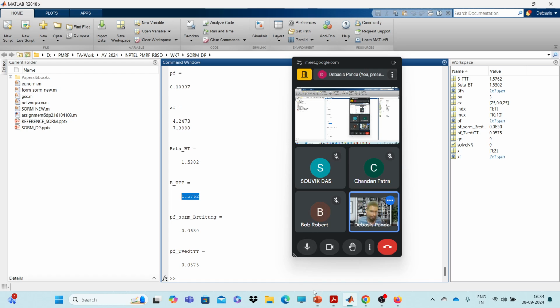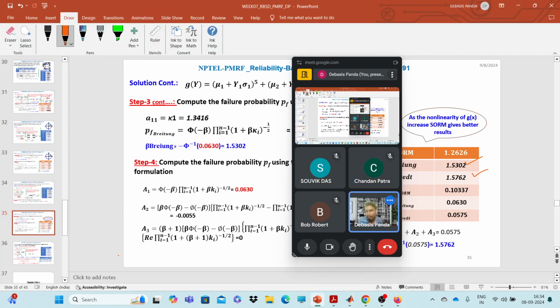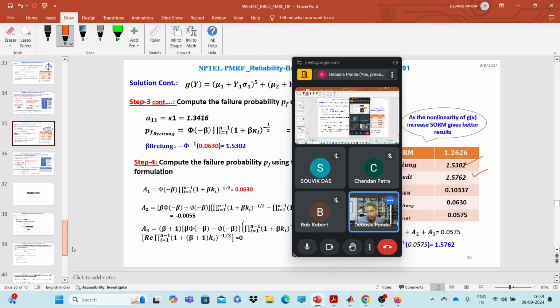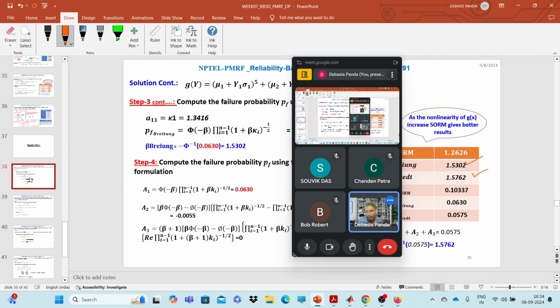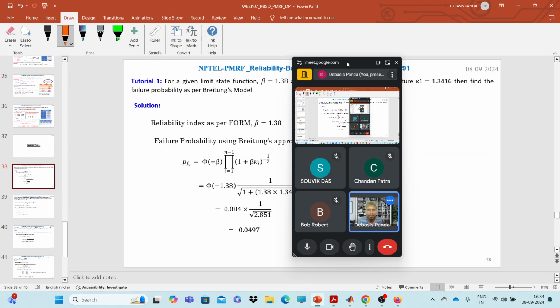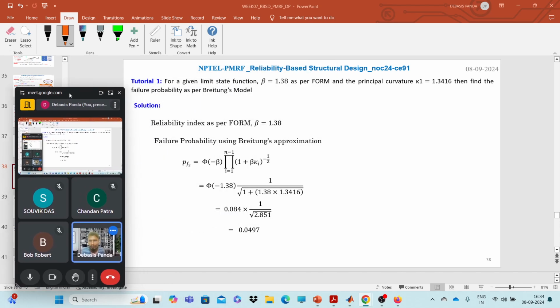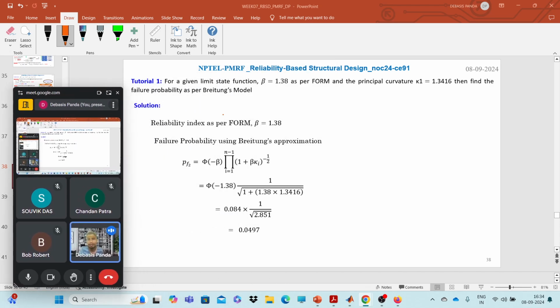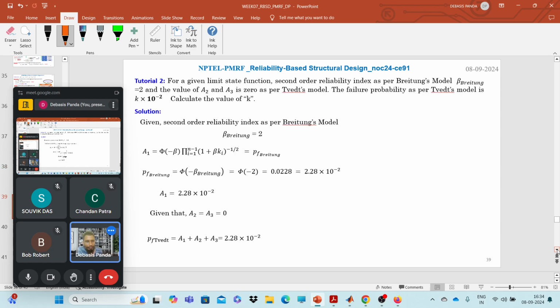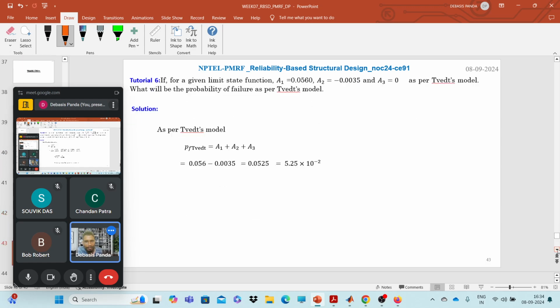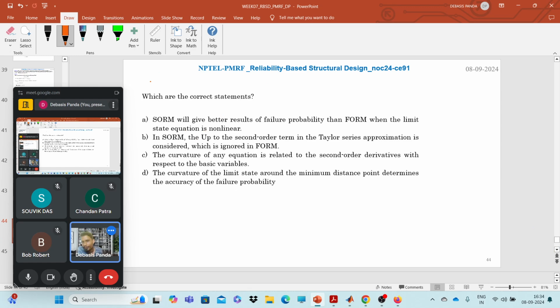Clear? Okay. Now let's quickly solve some of the problems, then we will discuss, and you will solve this problem with me. So, for example, let's start with a statement. Tell me which are the correct statements.